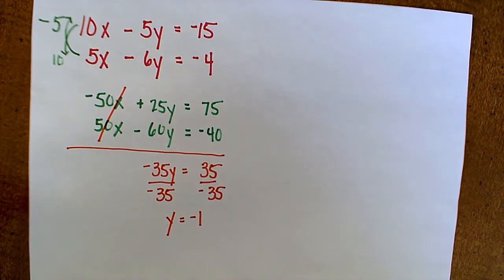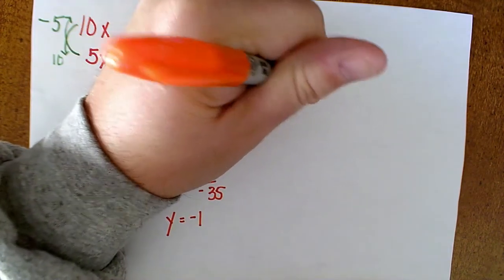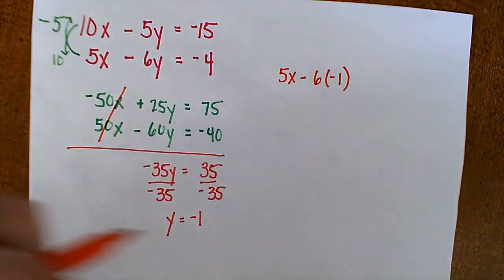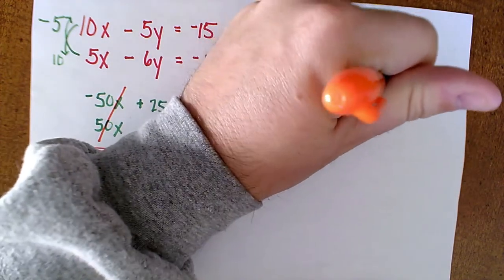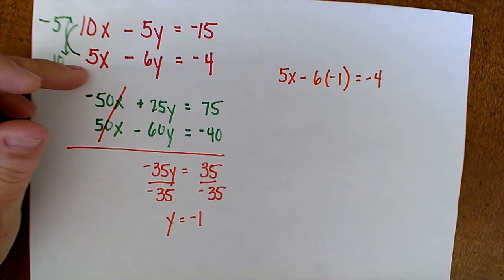We're going to take that y equals negative 1 and we're going to plug it into either one of the equations. I'm going to pick the bottom one this time just because. We have 5x minus 6 times negative 1 equals negative 4. Okay, now notice that I used one of the equations up here because the numbers are a little bit smaller.